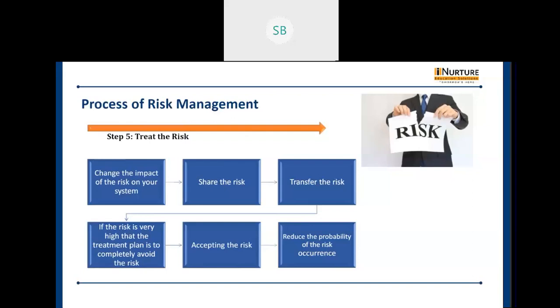So you can see that the first point is to change the impact of the risk on your system. When the impact is very high, suppose it's very critical, if we can reduce the impact of it, then it is known as risk treatment. Once the risk assessment is completed, we check if there are options by which the impact can be reduced.